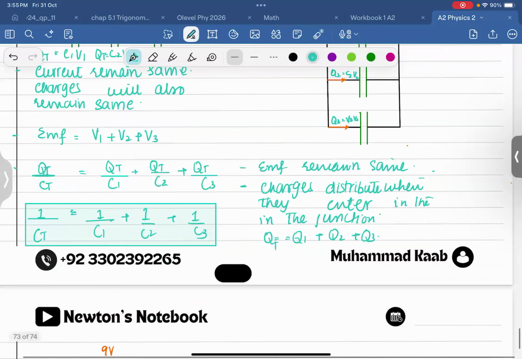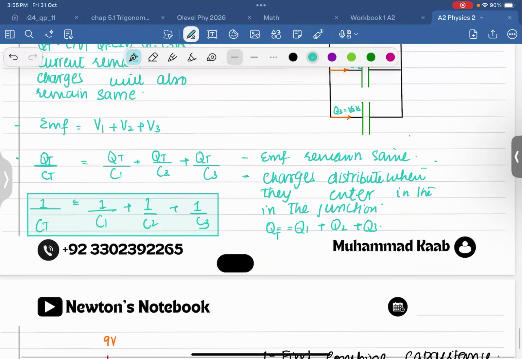And then if I apply that here, EMF times C total is equal to V times C1 plus V times C2 plus V times C3, right?